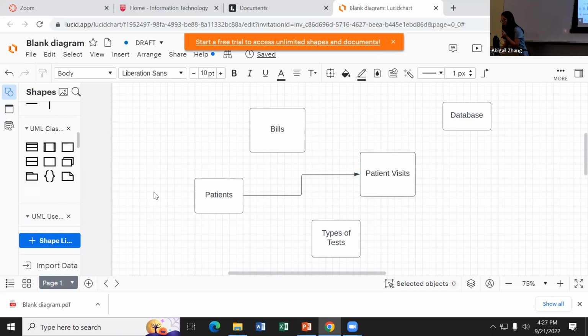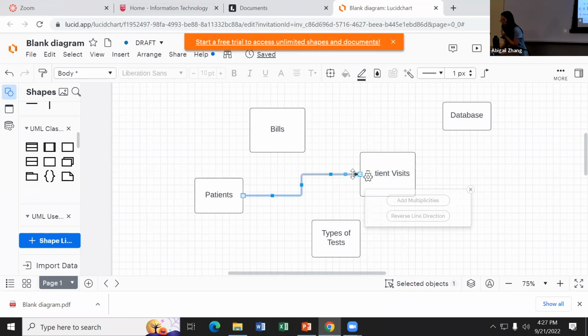So when we draw this line, you notice that there is an arrow. If we are representing a generic association, we do not need an arrow here. If we have an arrow in the UML diagram, it will mean some other kind of relationship. So we want to make the arrow disappear.